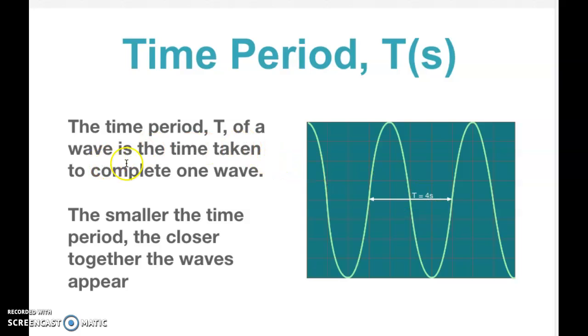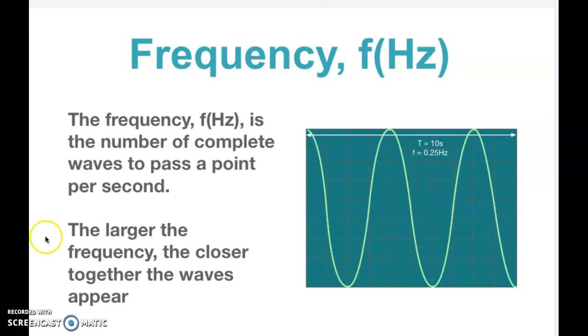The time period of a wave is the time taken to complete one entire wave, or for one entire wave to travel. Frequency then is the inverse, the 1 over period. And we define it as the number of complete waves to pass a point.